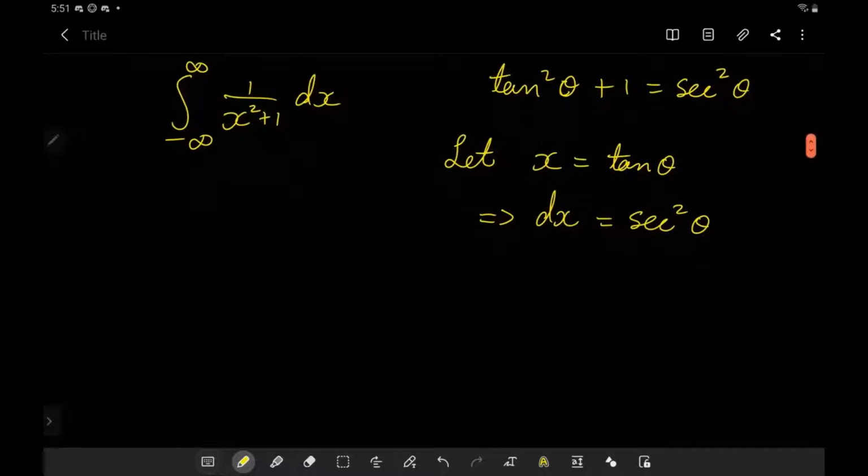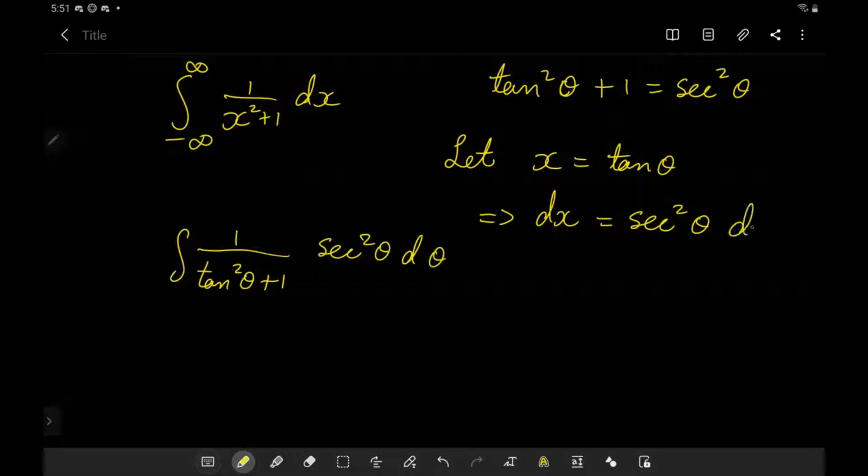And substituting this into our equation, ignoring the limits for now, we have 1 over tan squared theta plus 1, times dx, which is secant squared theta d theta. Sorry, I forgot my d theta here.